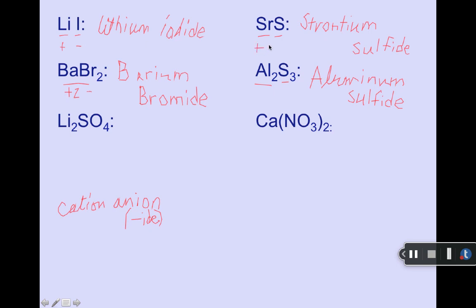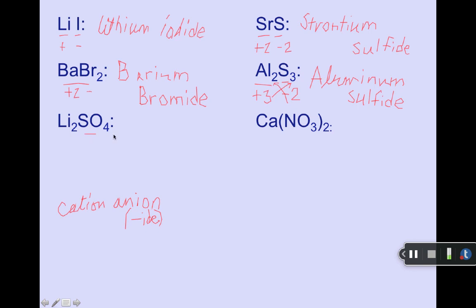Strontium was +2, sulfide is -2 because it's in group 6, and aluminum is +3 because it's in group 3A or 13. So in order to put a +3 cation with the -2 sulfide, you have to have 3 of the sulfide and 2 of the aluminum. In other words, the charge on one becomes the subscript on the other. We've done that a time or two.